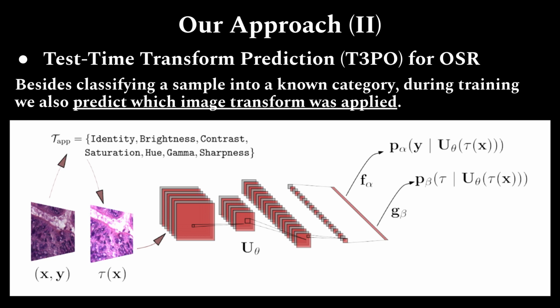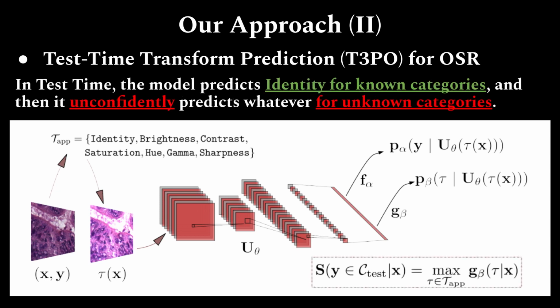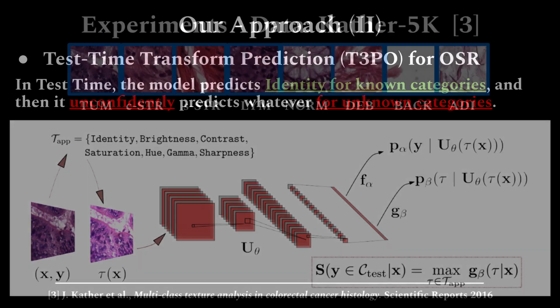Now, if we feed the model an open set category image, an image that does not belong to any of the classes we used for training, we may expect the model to be less confident in saying identity because it has never seen this kind of tissue. So we expect our model to predict identity for known categories, and we expect it to be very unconfident for unknown categories. And we are going to use this as our open set recognition score.